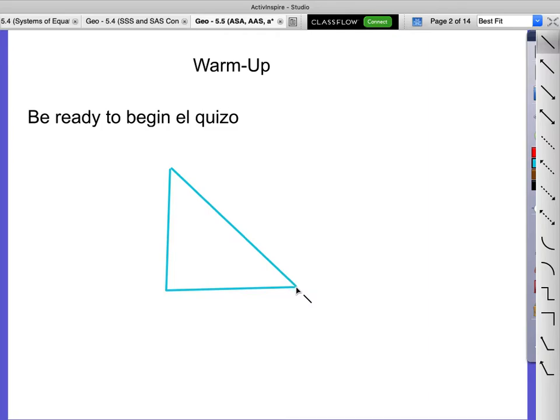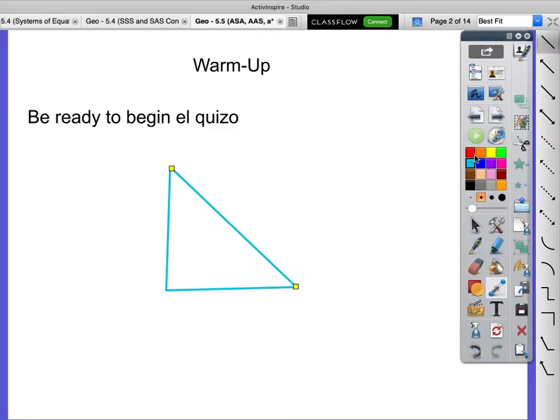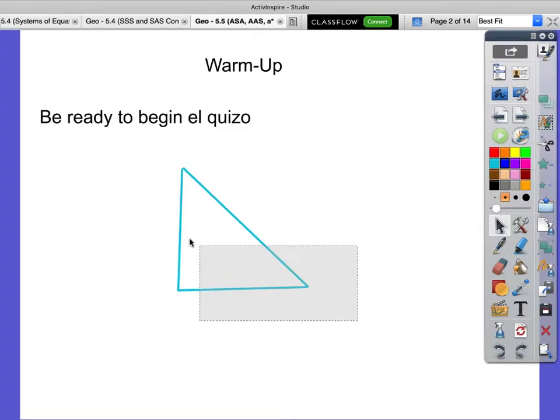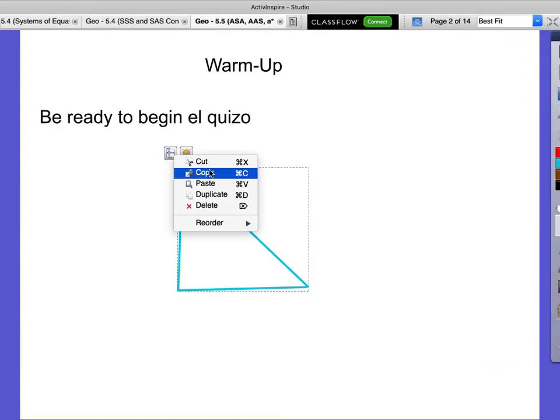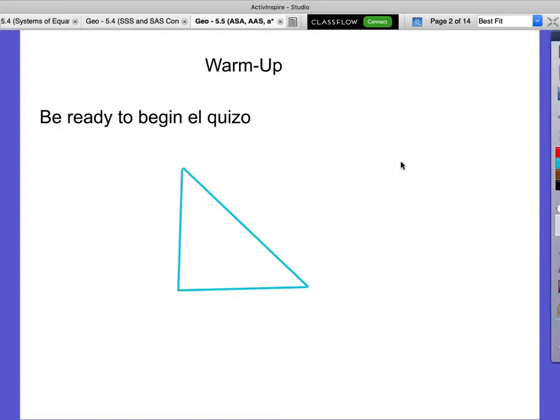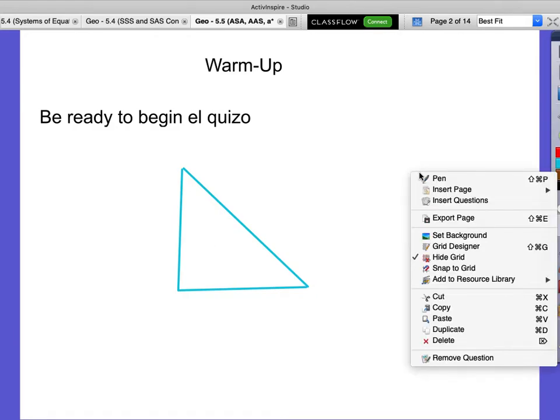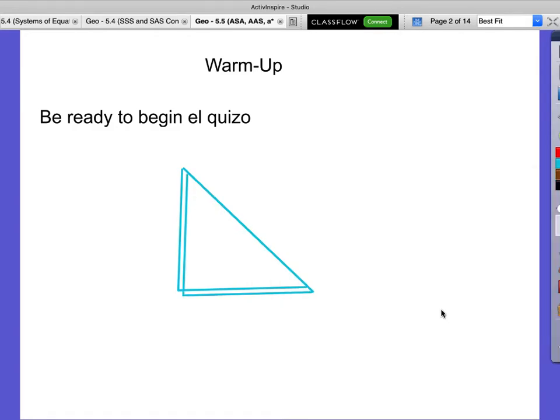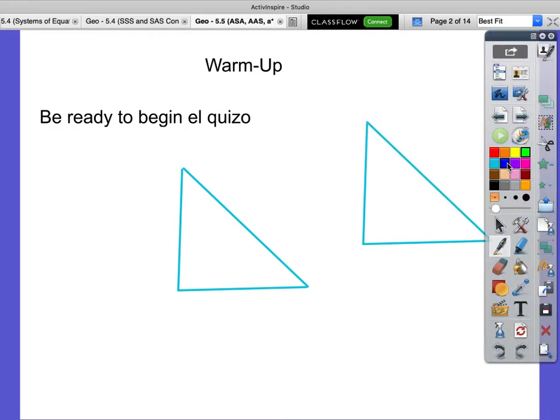So let's say here we have what kind of triangle did I just make? A right triangle, didn't I? Well, not yet. Mark it, otherwise it's not a real right triangle. That's fair. That's a good point. I like it.